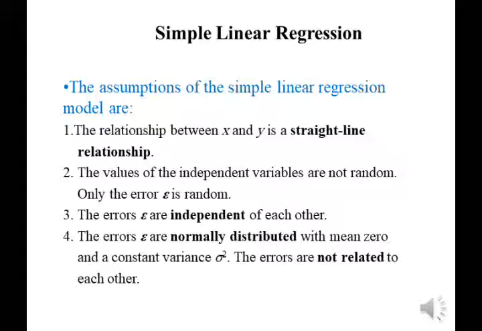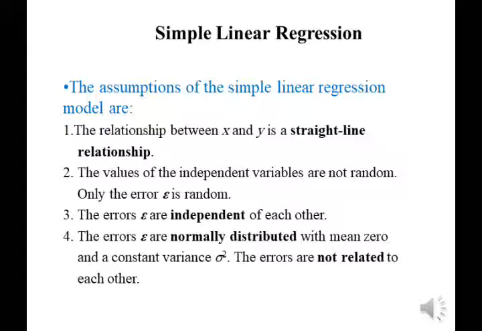Now, if I want to go back and think of the interpretation of the y-intercept, the y-intercept is simply the value of Y whenever X is equal to 0. In our example, X equal to 0 means what? It means that no cars are rented, correct?